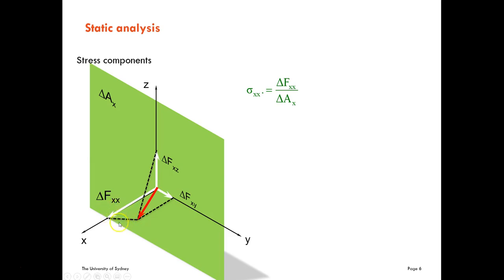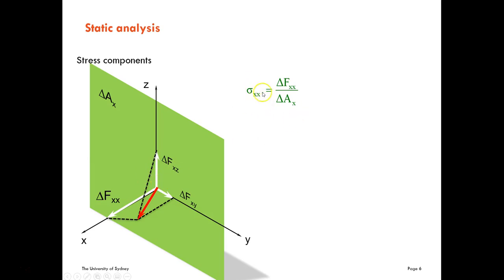Probably this doesn't look perpendicular, but it's assumed that it's perpendicular. So this vector has three components: xx, yx, and zx. The first x means the plane where this force is acting, and the second is the component of the force in the Cartesian coordinates.